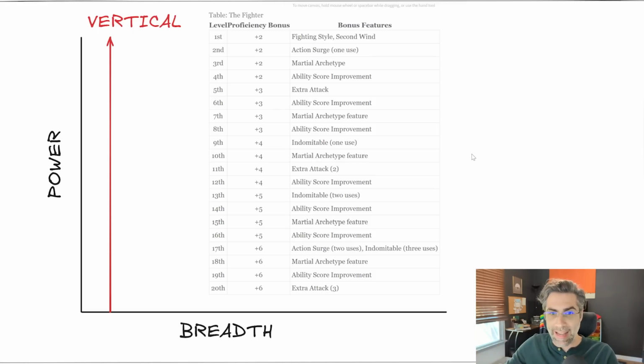They get more attacks per turn, per attack action, their proficiency bonus goes up, their hit points go up, they get more uses of the things that they have from an early level, like more action surges, more second winds, and their second wind heals them more. This is classic vertical progression. They become more numerically interesting without a huge increase in breadth over time.